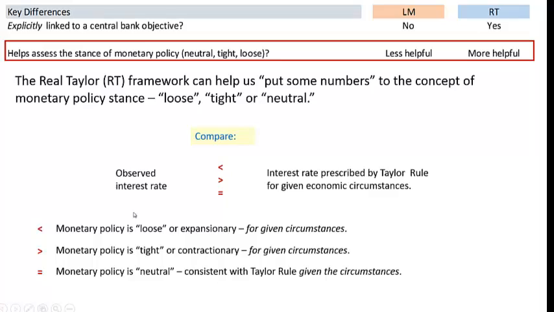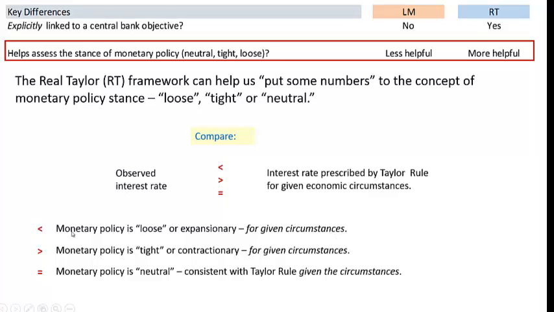When we make this assessment of monetary policy stance, we essentially compare the observed interest rate that we see with the interest rate that's prescribed by the Taylor rule for given economic circumstances. Is it less than, greater than, or equal? So if what we observe is less than what the Taylor rule prescribes, then we would say that the monetary policy is loose or expansionary for given circumstances.